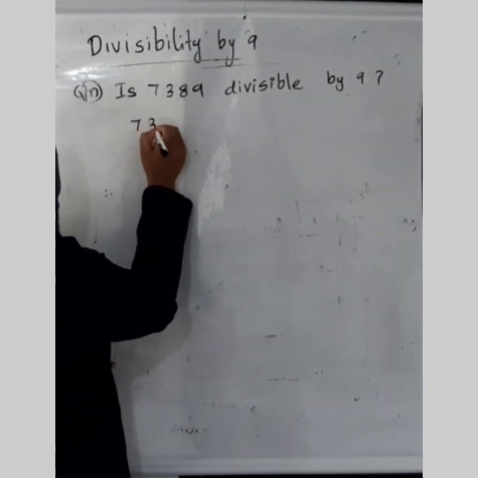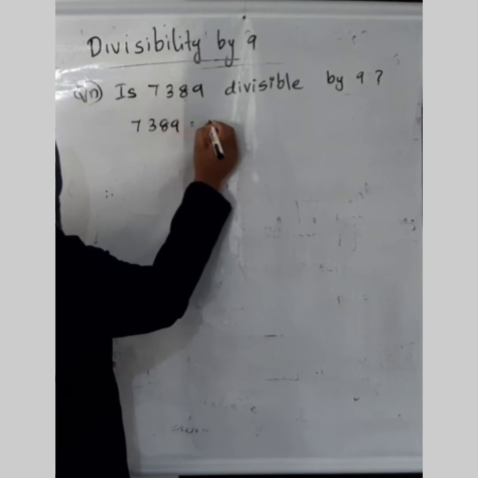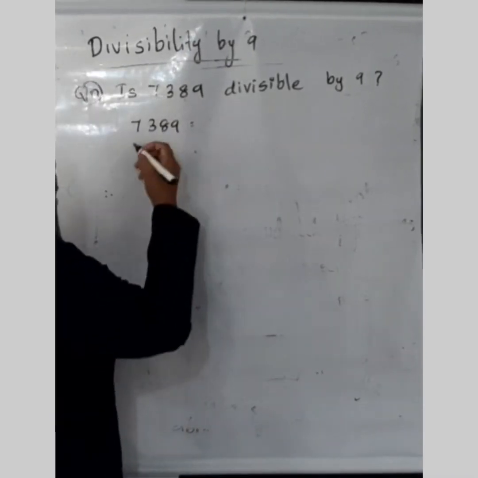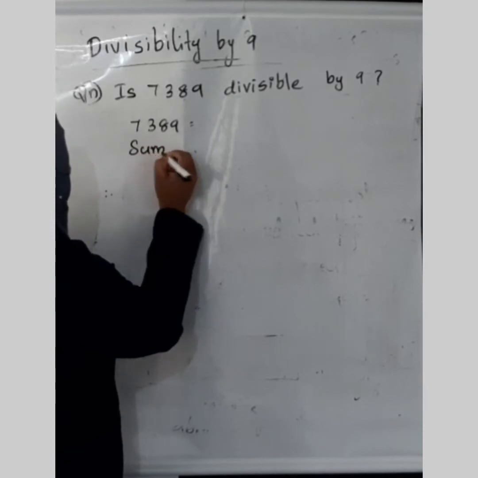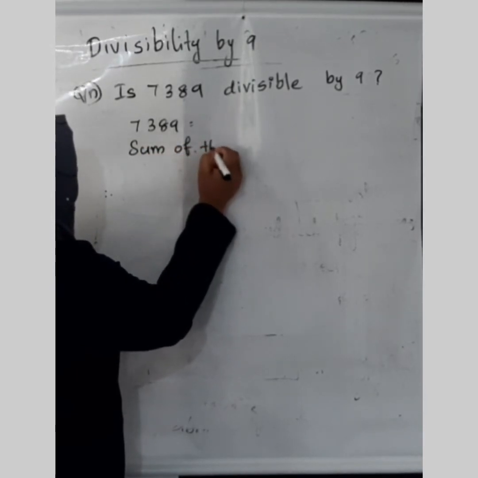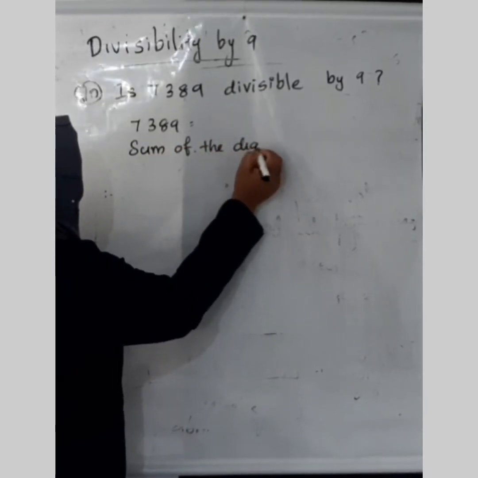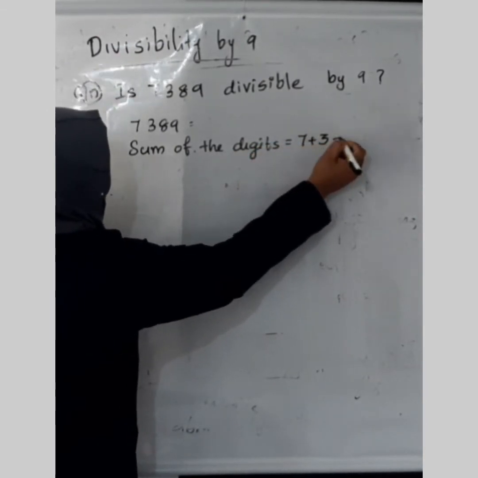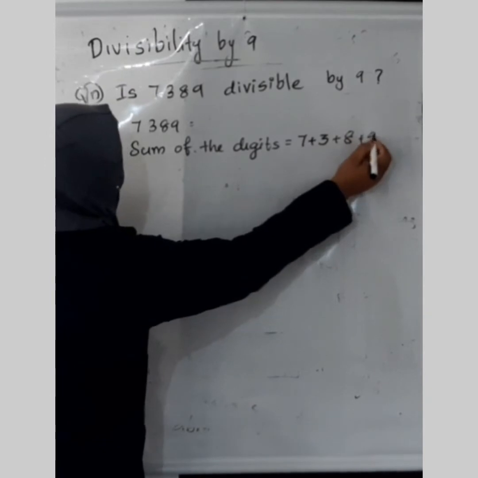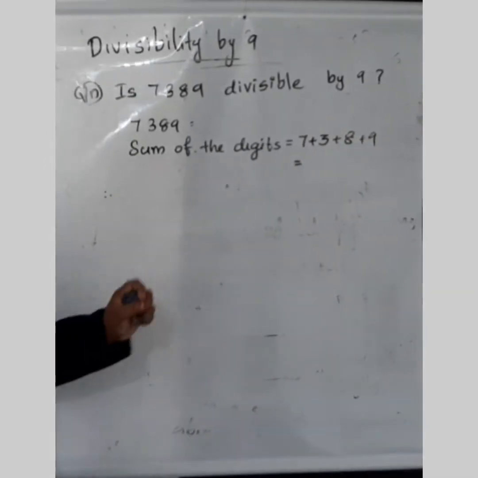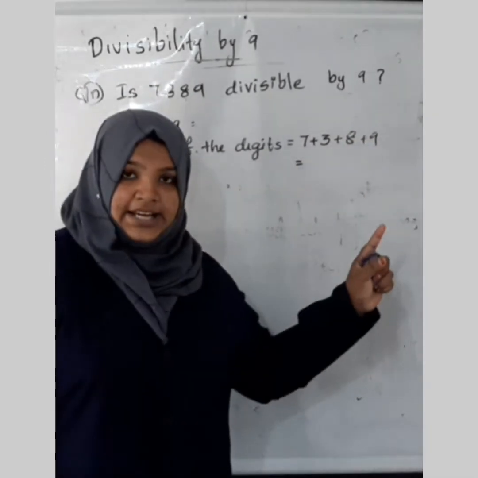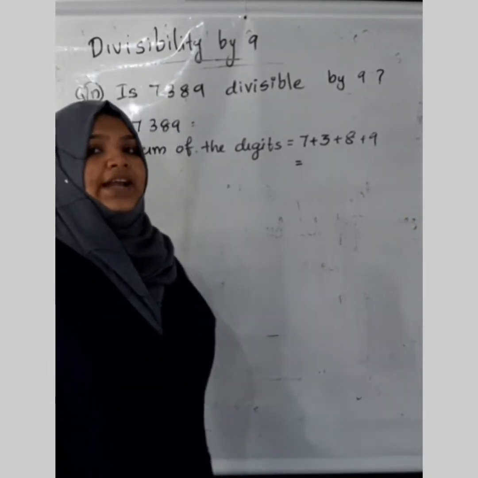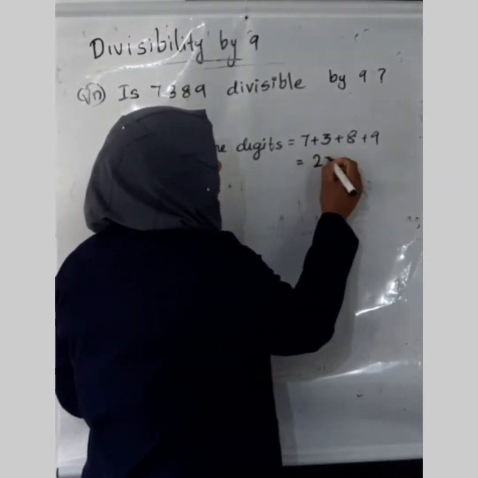Sum of the digits means we have to add all the digits of the given number. Sum of the digits is equal to 7 plus 3 plus 8 plus 9. Then 7 plus 3, 10, 10 plus 8, 18, 18 plus 9, 27.